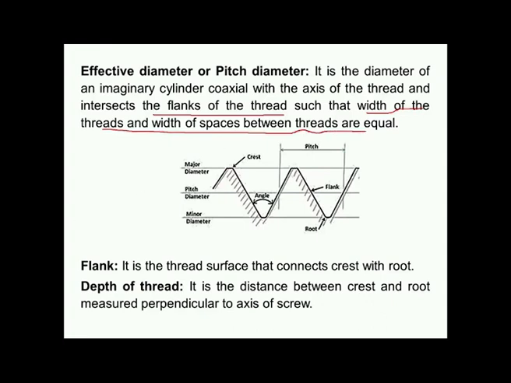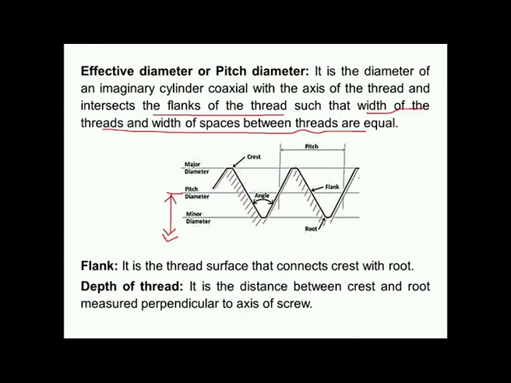So, this is the line which passes through the thread profile and cuts the flank such that the width of thread is equal to the width of space. If you pass the line in such a manner, that is called the pitch line, and the distance from the pitch line to the other pitch line on the other side is the pitch diameter.